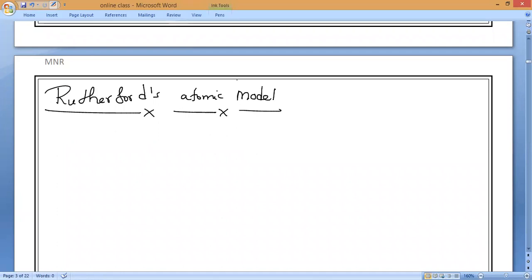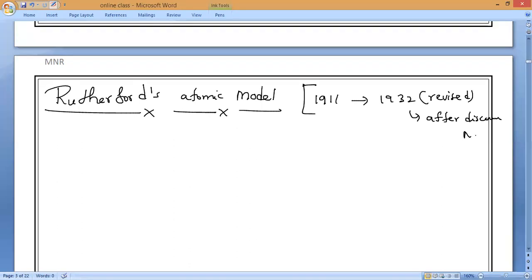You have to remember, this model was proposed in 1911 and revised again in 1932, after the discovery of what? Neutron. Okay, that is what you remember. This is the improved nuclear model. Okay, first point.